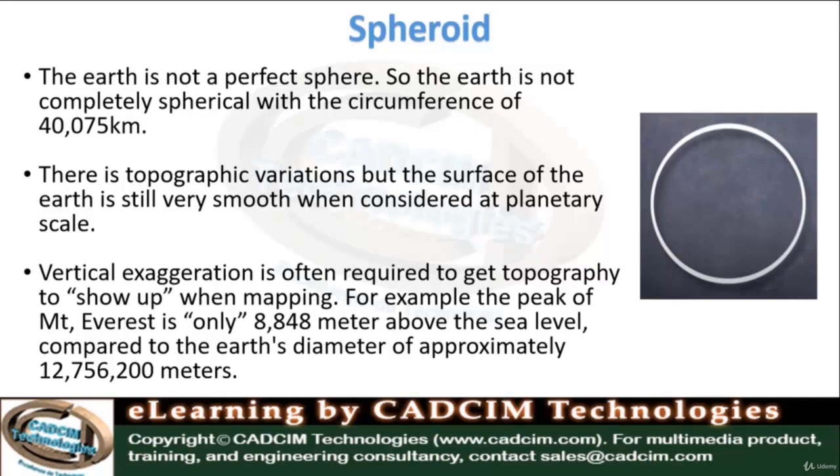So yes, there is topographical variation, but when we are talking about the entire earth, the peaks are not much taller and the valleys are not much lower than the surface of the earth.